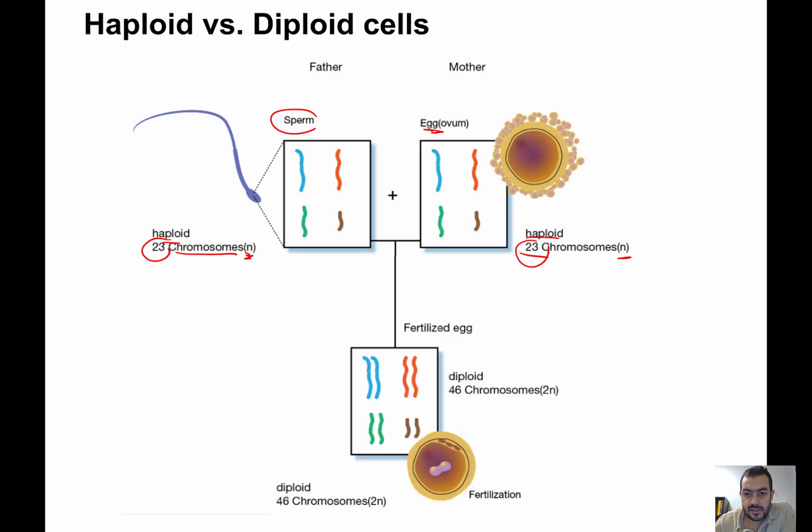By fertilization, the fertilized egg will have a copy of the chromosome coming from the egg and another copy of the same chromosome coming from the sperm. So now we have a diploid structure, which is the fertilized egg, and we can refer to it as 2N, because each chromosome is coming from a different parent.